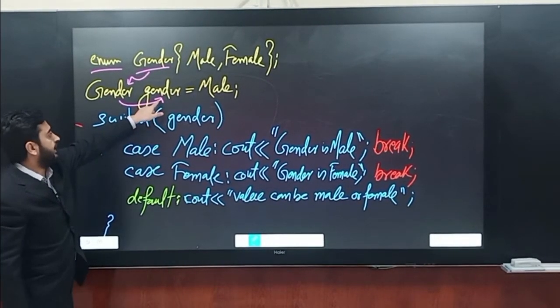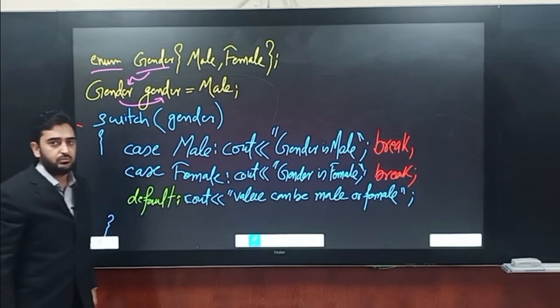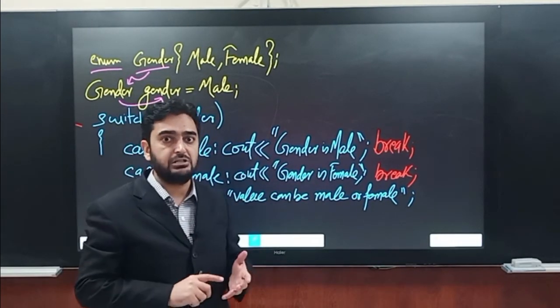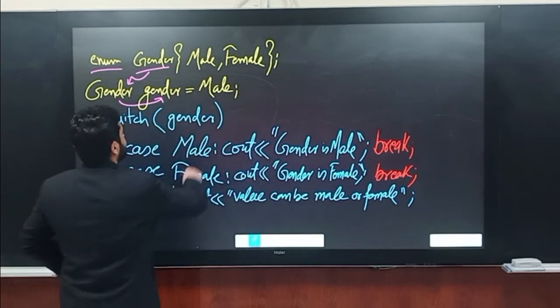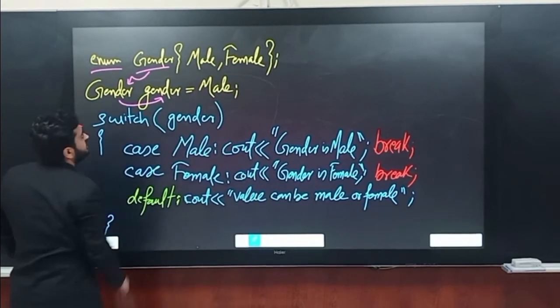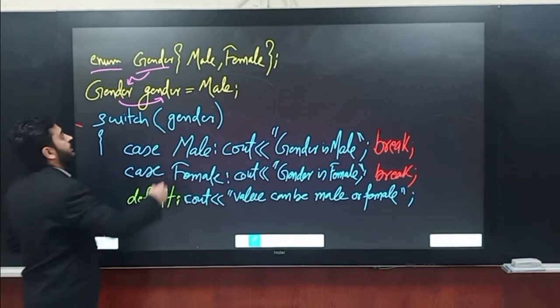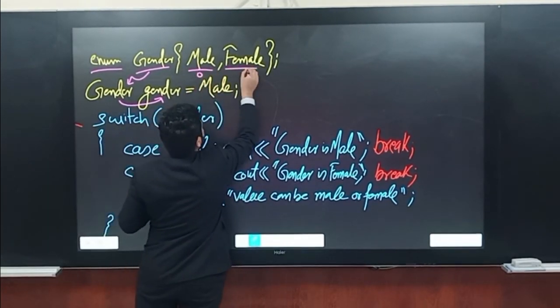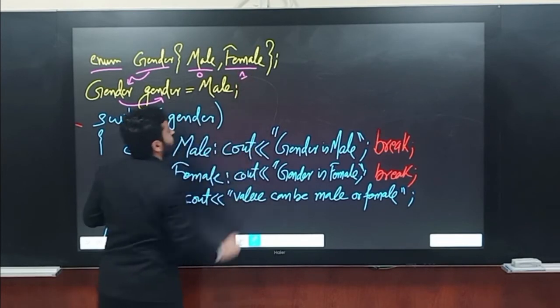This identifier is used for assigning values from the defined set of values, that is male and female. So we can assign male or female to the gender variable. Remember that male has index number 0 and female has index number 1.